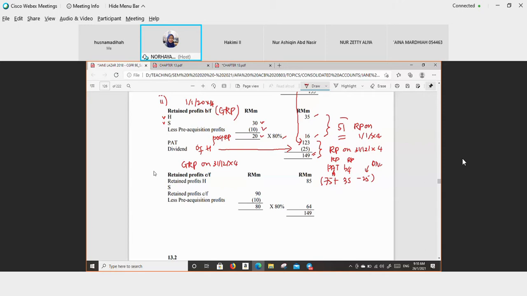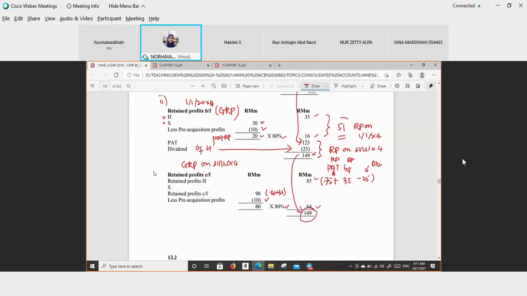And then you take the profit carry forward and add both. For S, if we look here, 60 plus 30, and then you minus the pre-retained profit times 80%. So you will get the same answer.